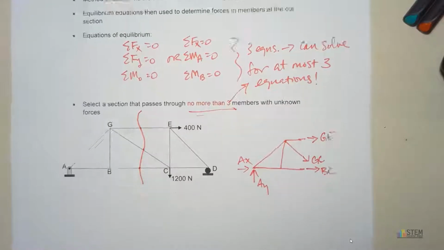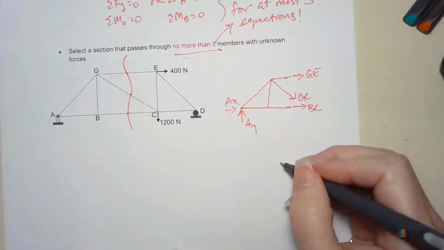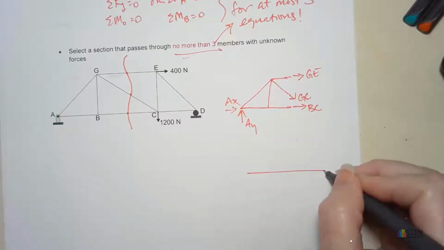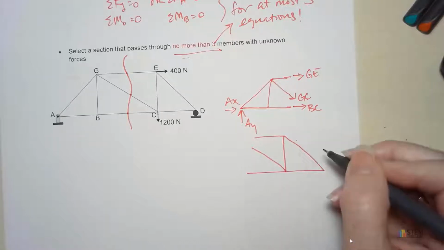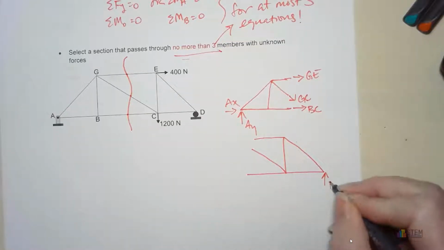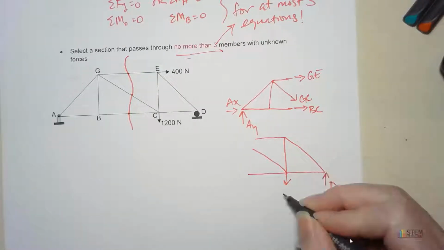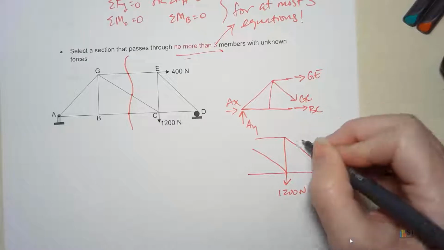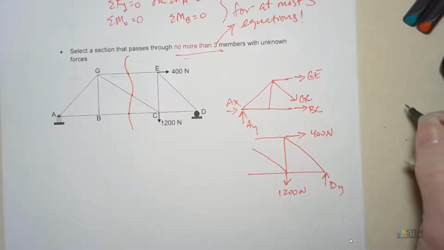All right. Now the other side over here, if we drew the diagram for that, would be something like this. We've got a roller here, so we would put that on here. Now we would have already solved for this value earlier. We have this applied force at C, and then we have one at E, so put those on there.